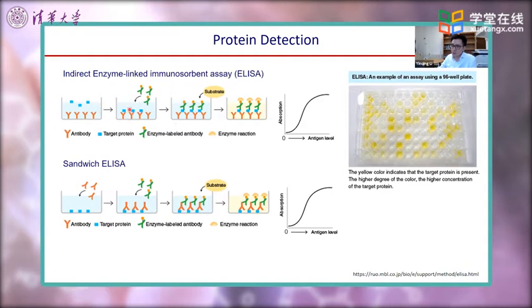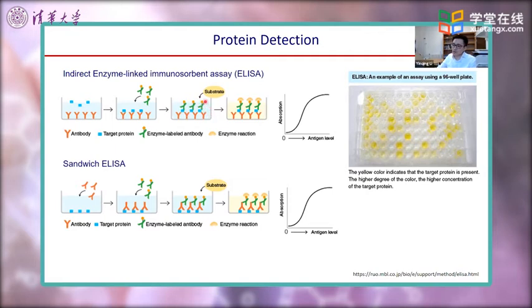Then we add in the sample, which may contain the virus. If the virus is there, it will be bound by these antibodies. And then we wash and add in the second antibody, which also recognizes the same viral protein. And if the virus is there, this antibody will be bound and stay in the well.